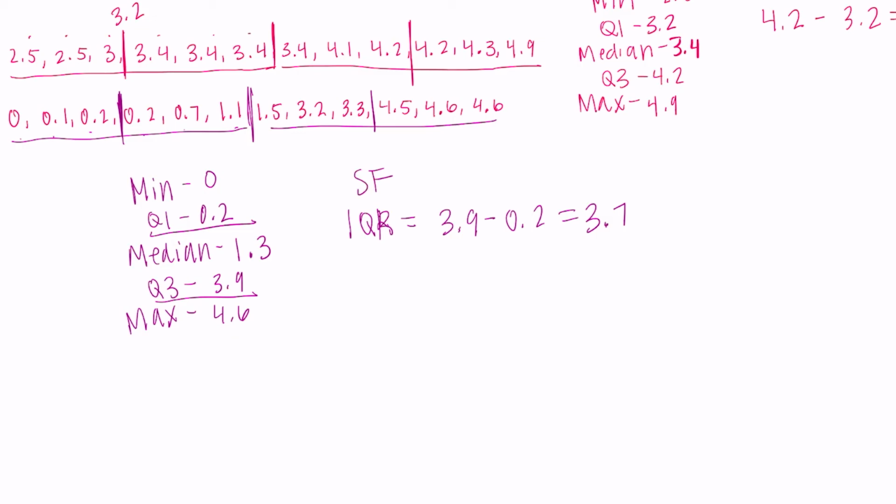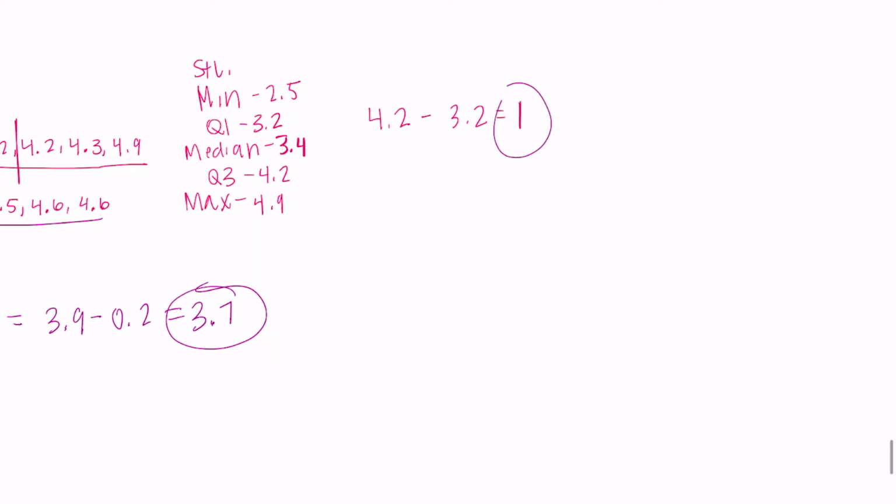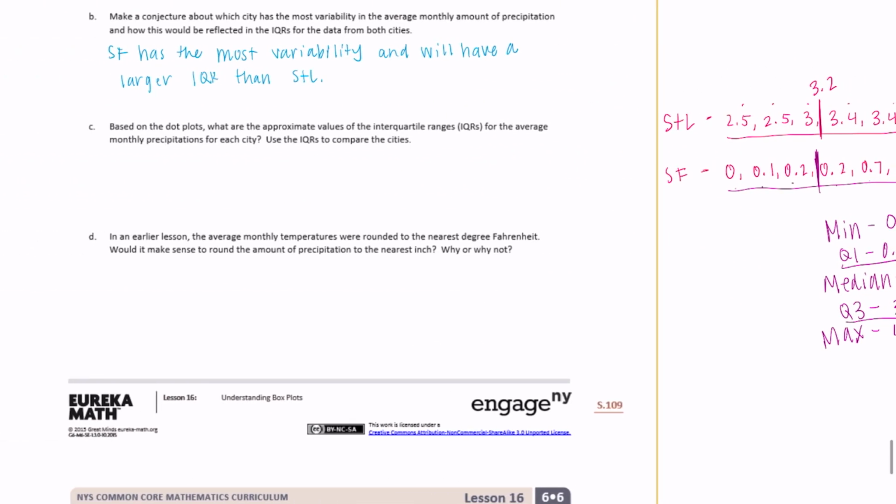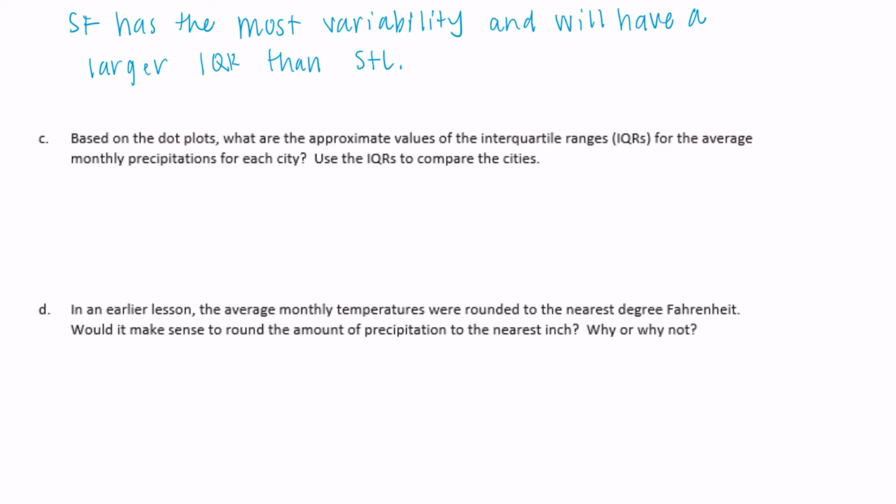So San Francisco's IQR is 3 7/10, whereas St. Louis's IQR is 1. So we were right. San Francisco does have a much larger variability. So let's just explain what we did.